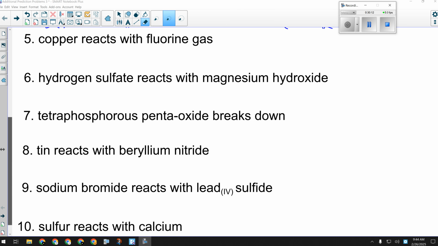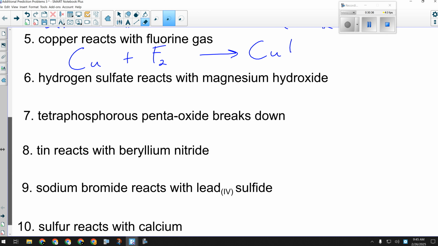So with number 5, we did one like this on the previous list, where we got a multivalent metal, but when we started the reaction, it was by itself, and it's reacting with fluorine gas. So what kind of reaction am I looking at there? It's a synthesis reaction. So I've got to put them together in a compound.